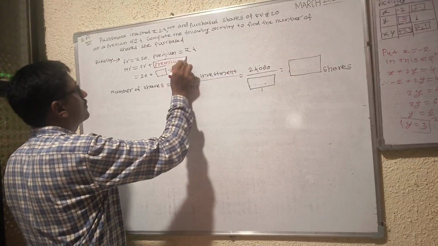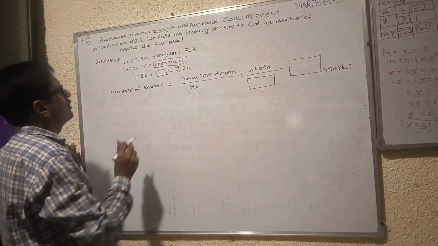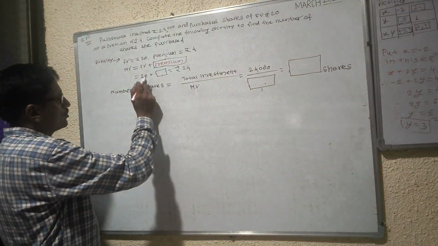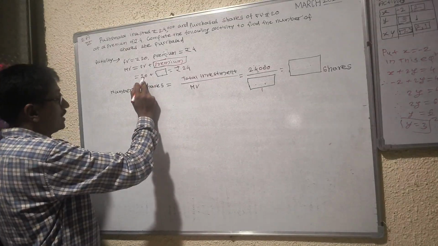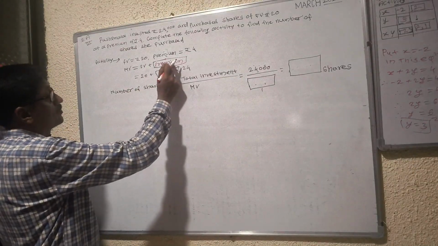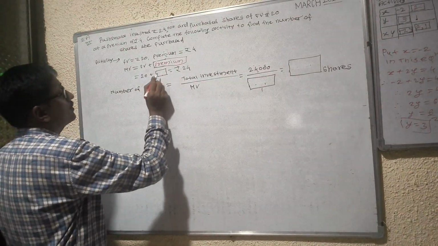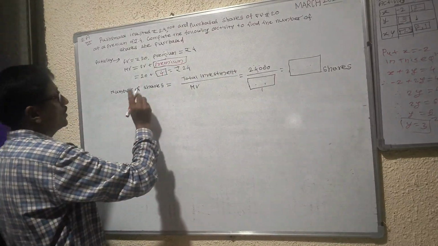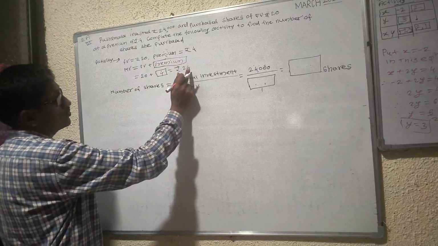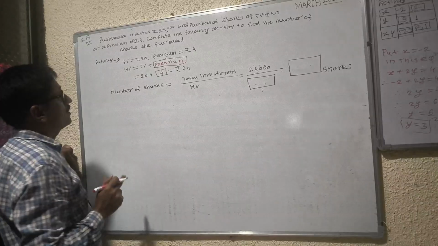Market value is equal to face value 20 plus premium, given here as 4. Now 20 plus 4 is equal to rupees 24.